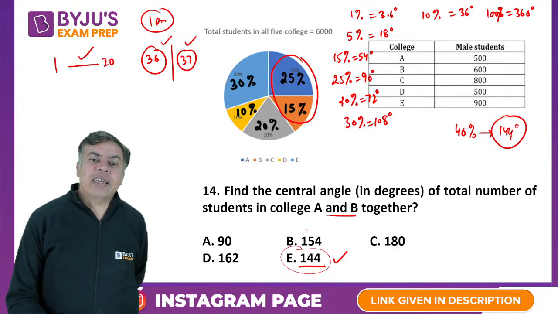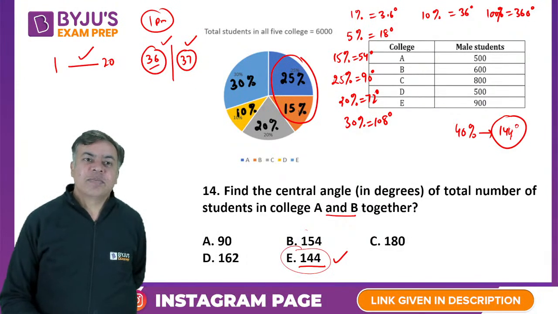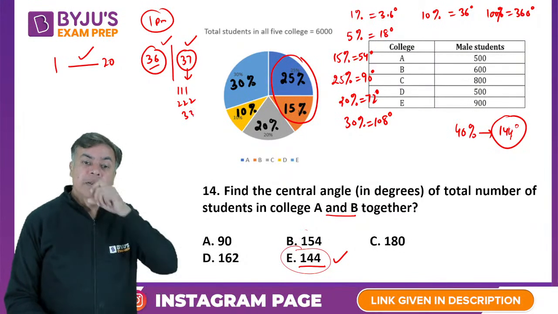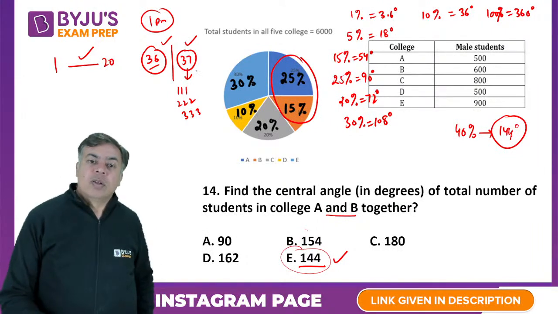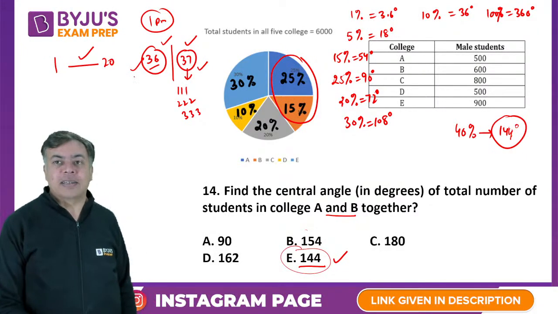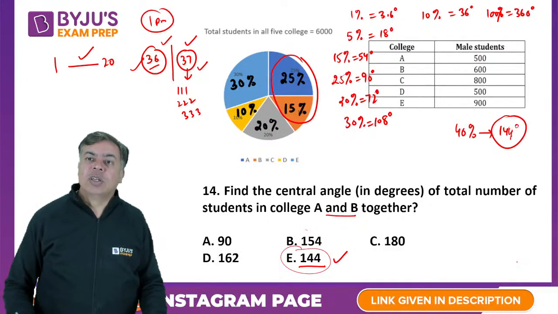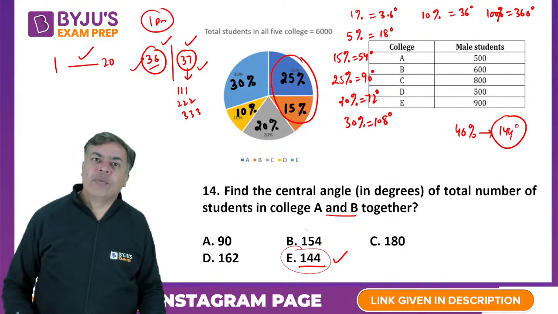These are good, important tables. 36 because of these pie charts, and 37 because it is an interesting table: 37 into 3 is 111, 37 into 6 is 222, 37 into 9 is 333, like this. This table is also important, but 36 is very important because of pie charts. Here 36 into 4 is 144, so directly you can mark 144.